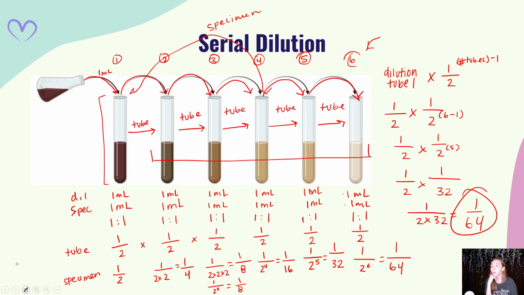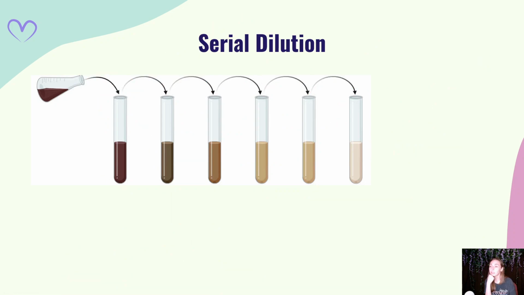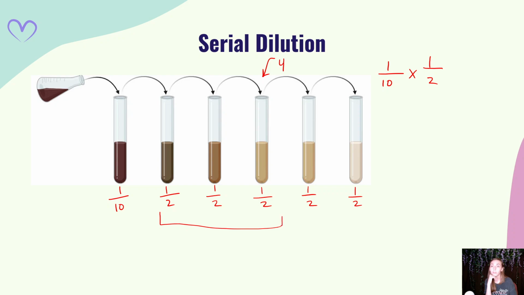I just want to show one more application of how that math works. So let's say that our initial tube is diluted by a factor of 10, and then all of the remaining tubes are diluted by a factor of 2. And I want the dilution of tube number 4, okay? I would do the dilution 1/10, because that's my first tube, times the dilution of the remaining tubes, which is 1/2.